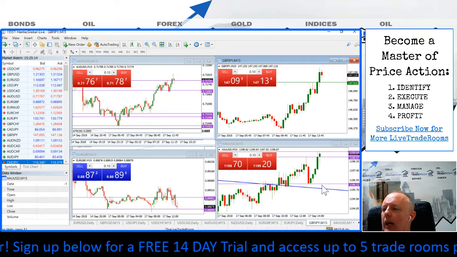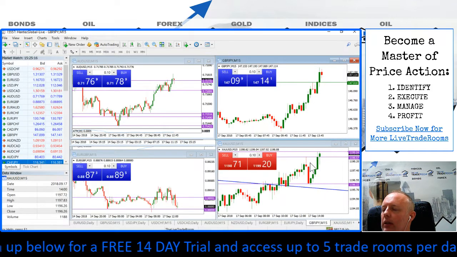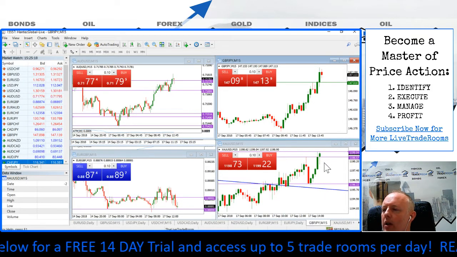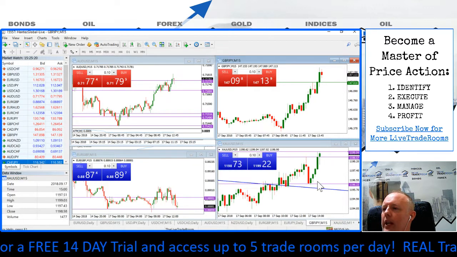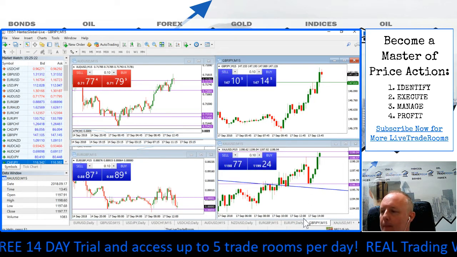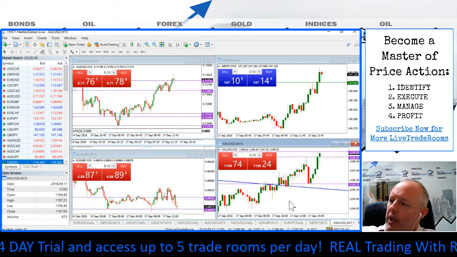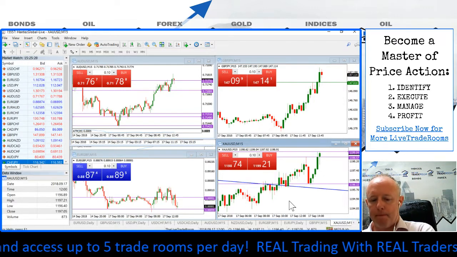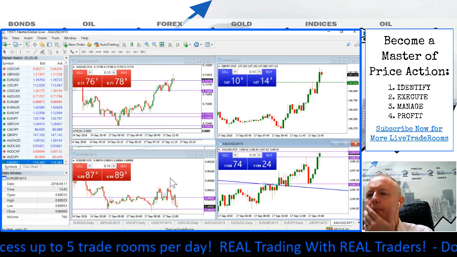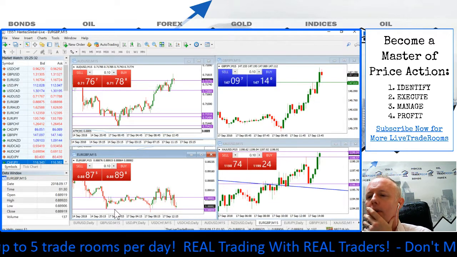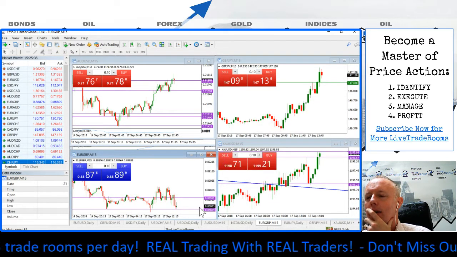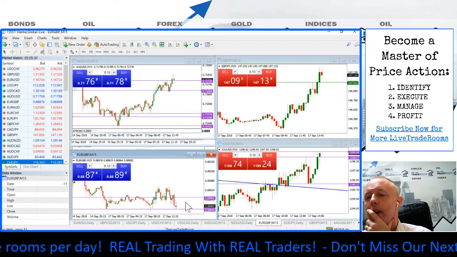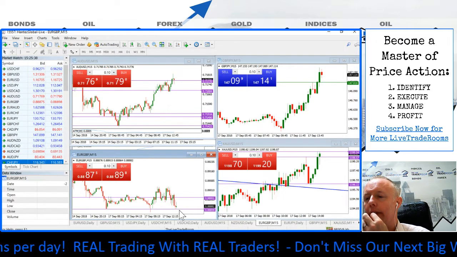Okay, so the gold market is showing signs that it's looking like it's going to continue the move to the upside. We do have the close of this market in the next few minutes, so worth keeping an eye on. The euro pound, we're very likely to see a little break in this market further lower.